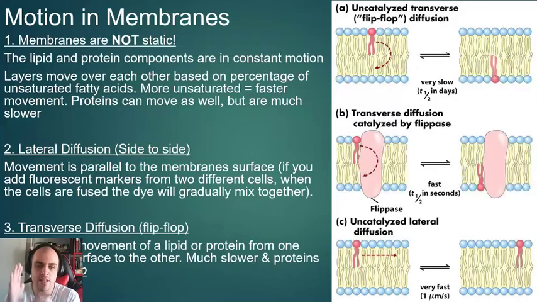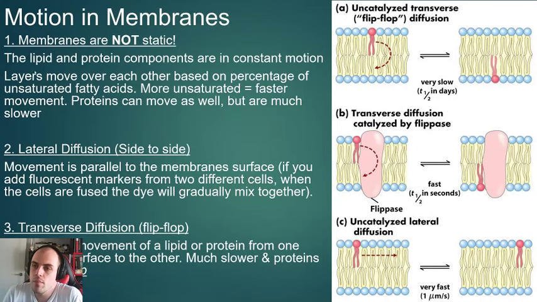However, the more unsaturated it is, it has that kink, it means it's harder for those fatty acids to sort of stack together, meaning that there's fewer of those non-covalent interactions occurring, meaning that it requires less energy to break them apart, which in the case of looking at our membranes, means it is much more fluidic.